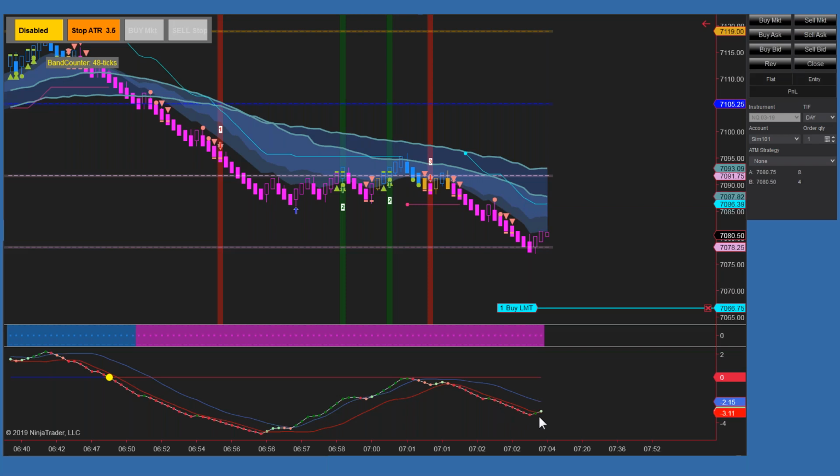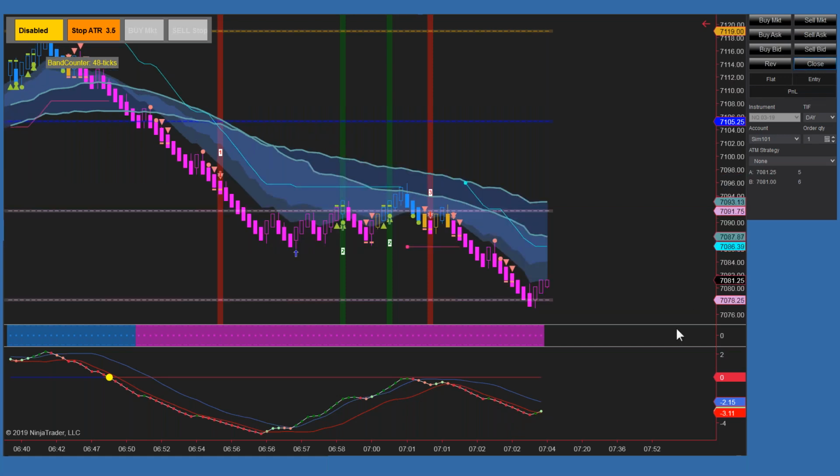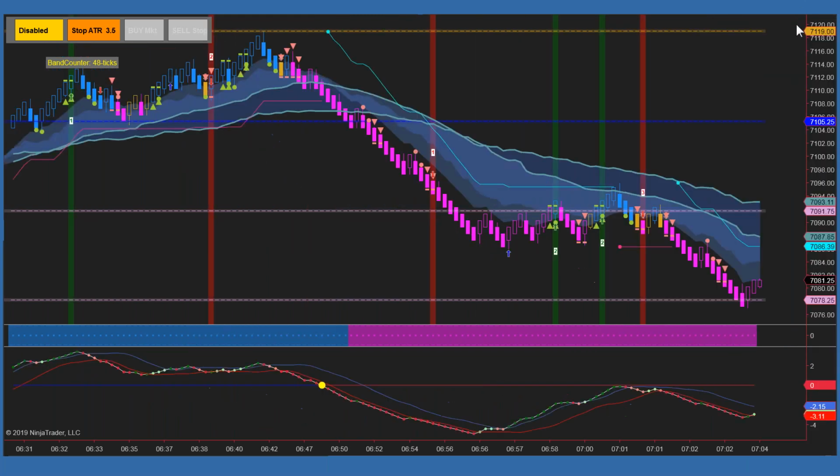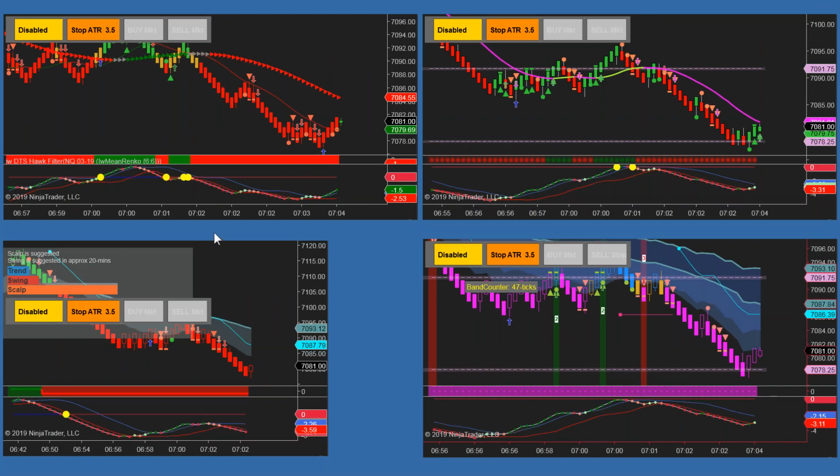It's still outside of the lines, but see now it's starting to drift inside the lines, so I would have a tendency to get a little bit more aggressive with my stop loss at that point. All right, well, time will tell if that was wise or if I was a little bit too aggressive on that.